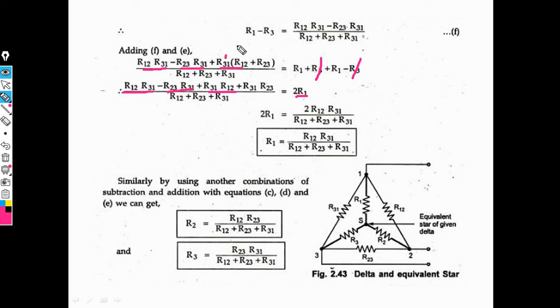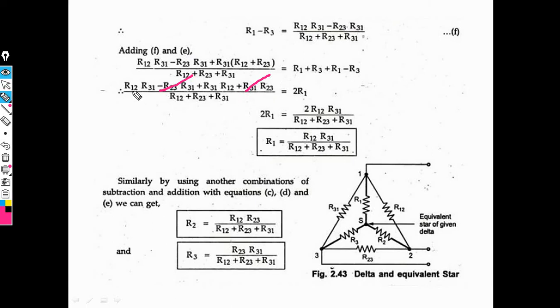Then R31 again multiplied by this R23. That is multiplied by R31 to R12 and R23. Okay, then here minus R23 and R31 is cancelled here.